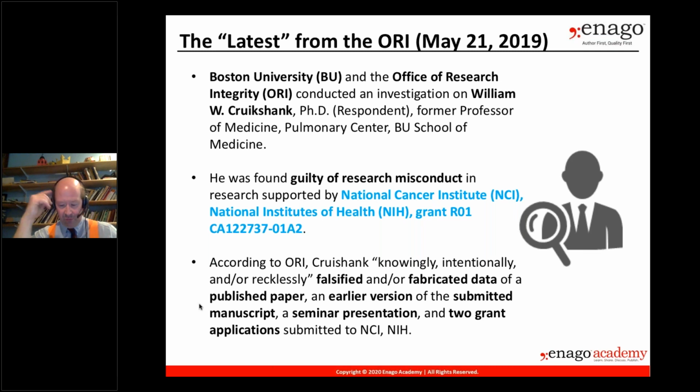They have it laid out in more detail than we have here on this slide. But in any case, he was given a very significant punishment, 5 years of being barred from getting grants and doing other kinds of scientific work, because his falsification of data was pretty widespread through a bunch of papers and presentations and grant applications to the National Cancer Institute in the United States and the US National Institutes of Health.